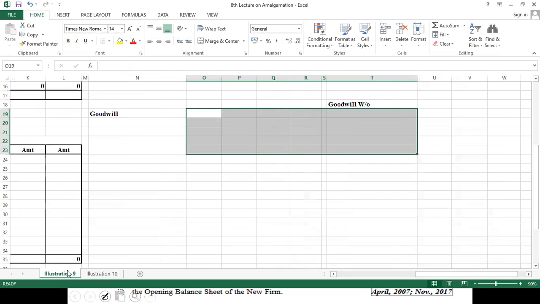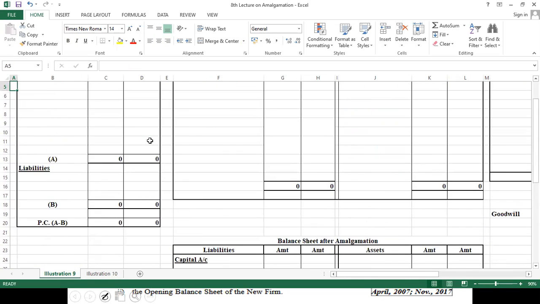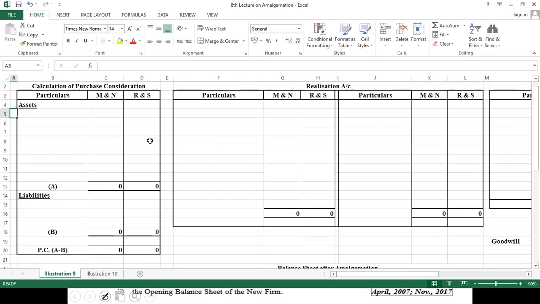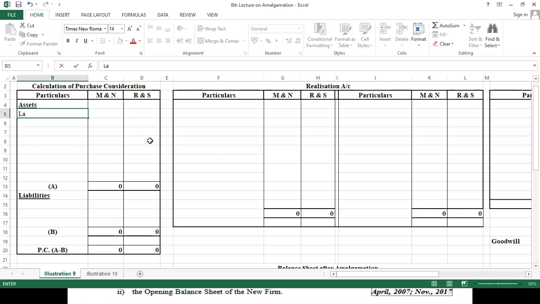So this is the worksheet of illustration number 9. As you people are aware, first of all we are going to calculate the purchase consideration. So let us first write down the names of the assets which are there in our balance sheet. Land, machinery, furniture.